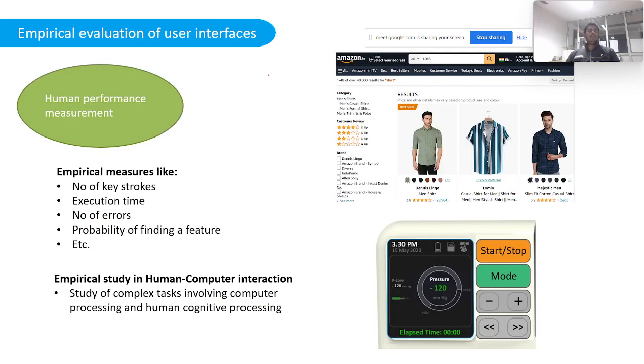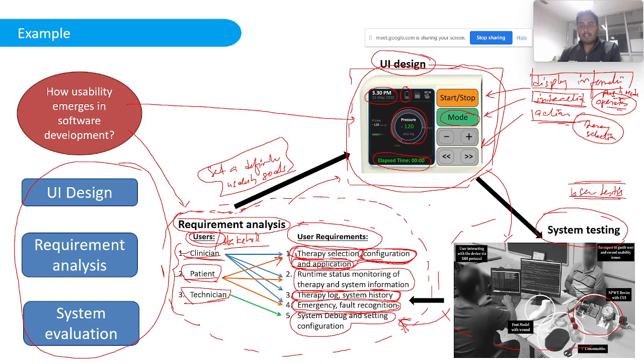Okay, in the first class I introduced you to various components of usability. As we understand from here, usability in today's scenario is not only concerned with evaluating a user interface, but also with analyzing the requirements as well as evaluating a particular system.